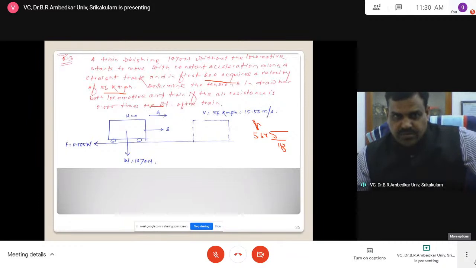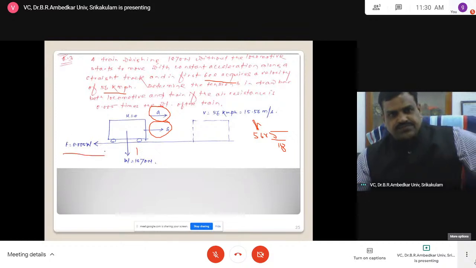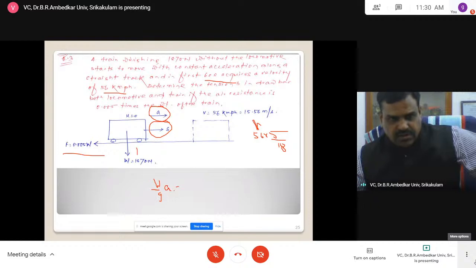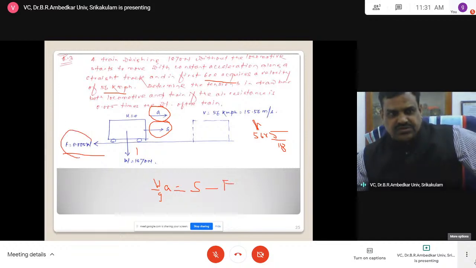Now draw the free-body diagram. This is the acceleration direction, this is the force direction, this is the weight acting downwards, this is another force. Now mass into acceleration, W by g into a, is equal to, in the direction of acceleration, this force S minus, this is opposite, F. This is the frictional force, mu times the normal reaction.